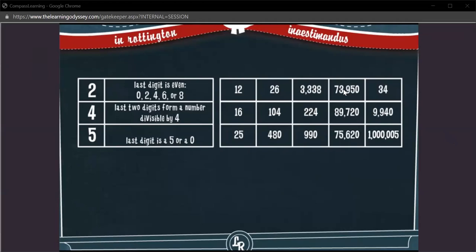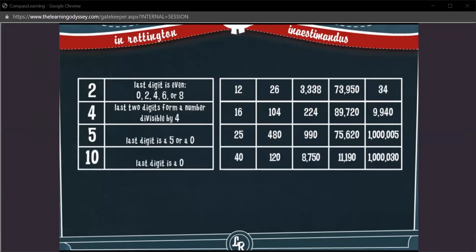The rule says if the last digit in a number is 0, then that number is divisible by 10. Simple as that. So, numbers like 40, 120, 8,750, 11,190, and 1,030,030 are all divisible by 10.